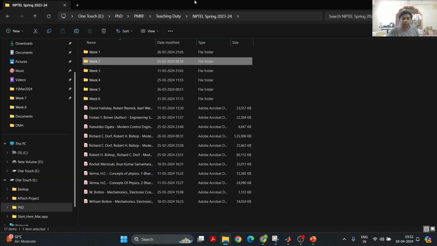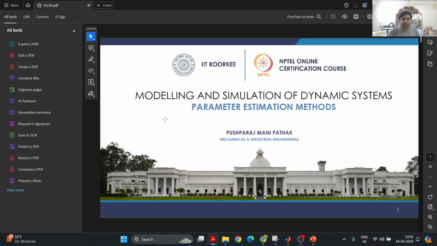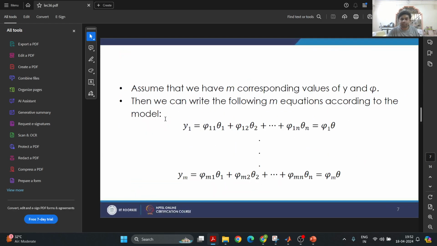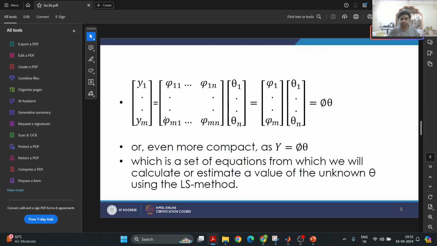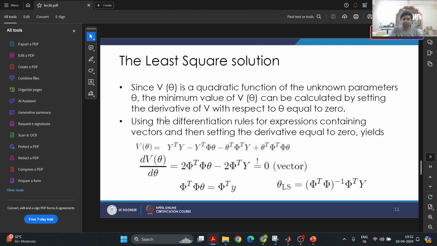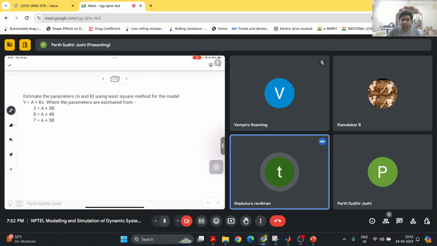Does anyone have any idea of how to solve this problem? We have to express this in the form of y is equal to phi theta form. Yes, and then we can solve for the parameters matrix, that is the theta vector.